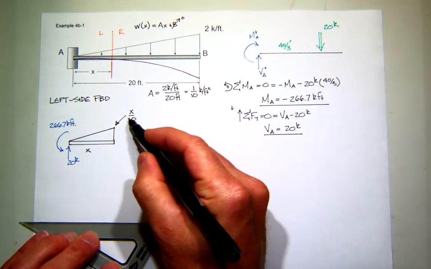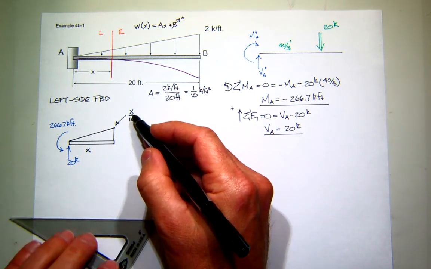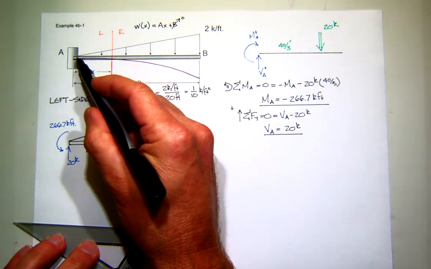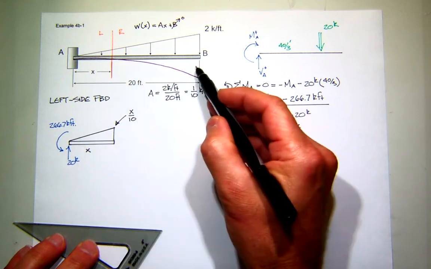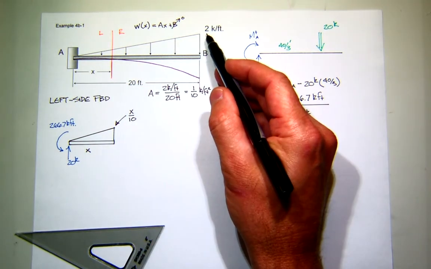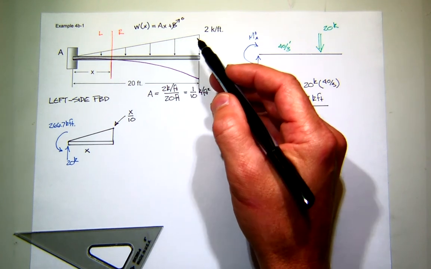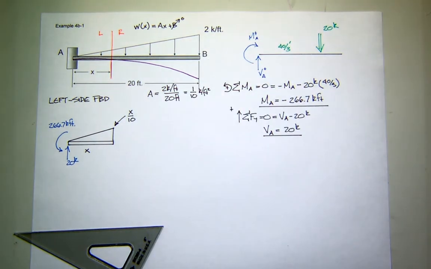Everybody see that? So you can check it. When x is equal to 0, what do you get? 0. When x is equal to 20, what do you get? 20 divided by 10 is 2. So it works. So far, so good?